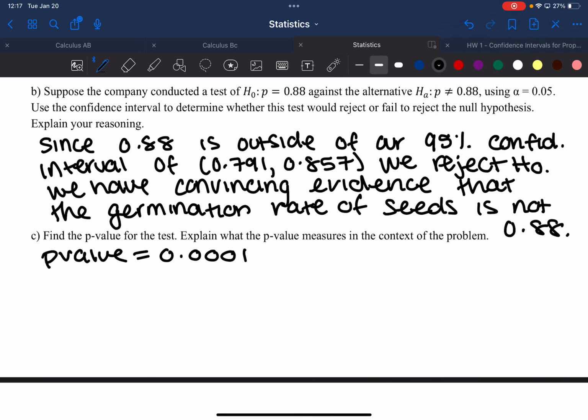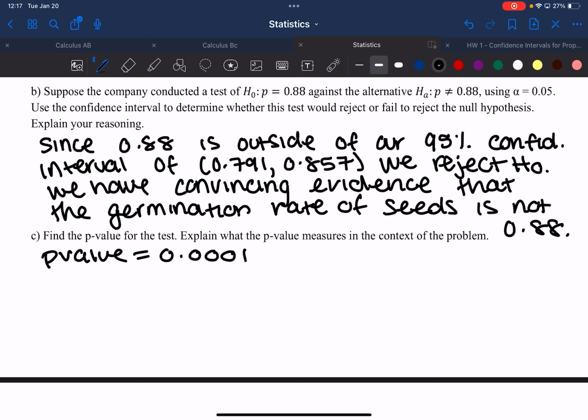So this ties into whether or not our p naught value falls within our confidence interval. Since it fell outside of that interval, it makes sense that the probability of that 0.88 happening versus not happening is going to be very low because it's not in our original confidence interval.